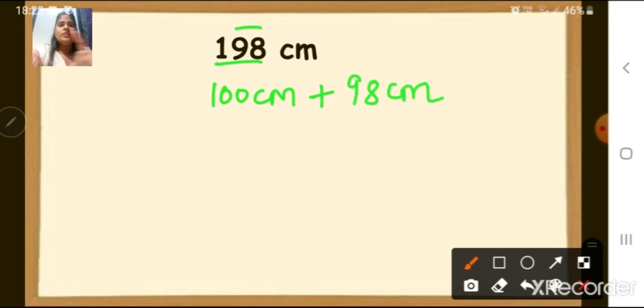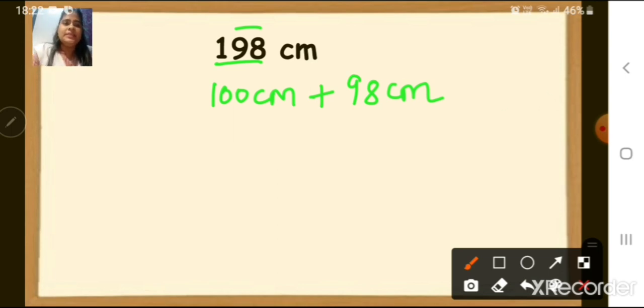If we expand the number in the hundreds place, 1 is in the 100 place. So it is 100 centimeters plus what is remaining here, 98 centimeters. Step 1 is to expand the number in the hundreds place. So it will be 100 centimeters plus 98 centimeters.